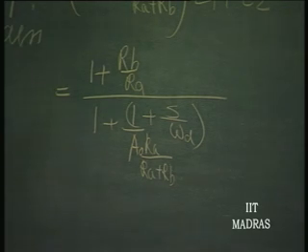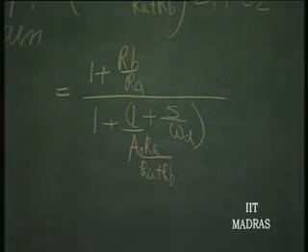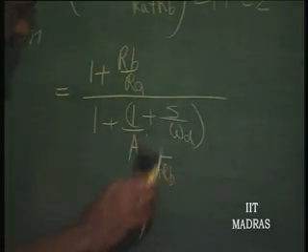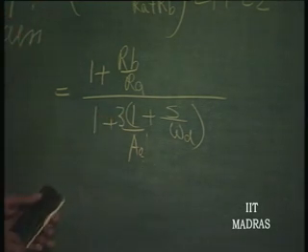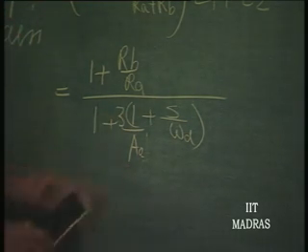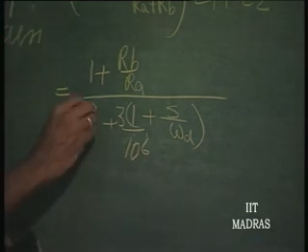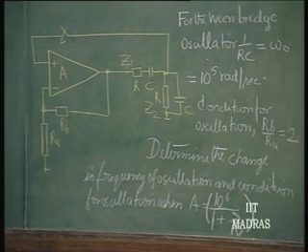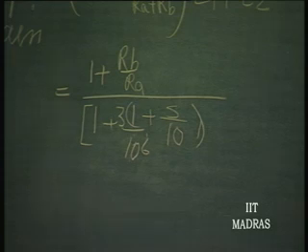So, actually speaking, R_A by R_A plus R_B is equal to 1 over 3 nominally. So, we will put that value, this becomes 3, and A naught is 10 to the power 6, and omega d is 10. So, this is the part that we have to now bother about.